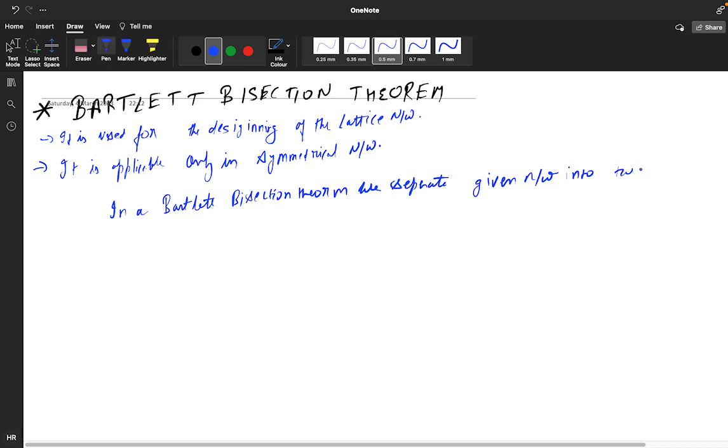Write it down, into two. My pen has stopped working. Into two equal parts. Okay, and then we bisect from the middle into two equal parts.